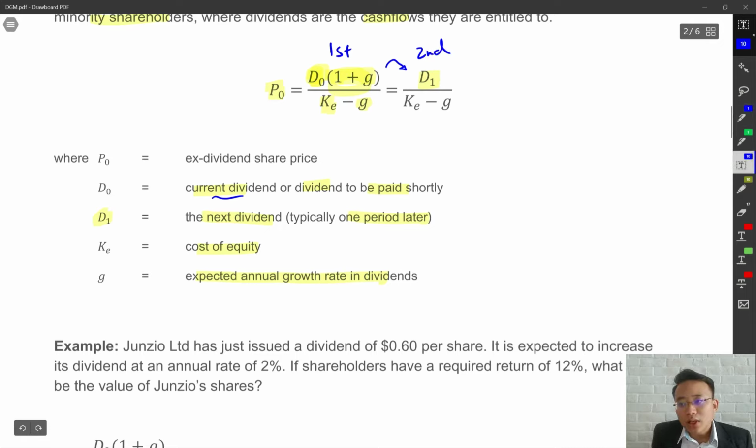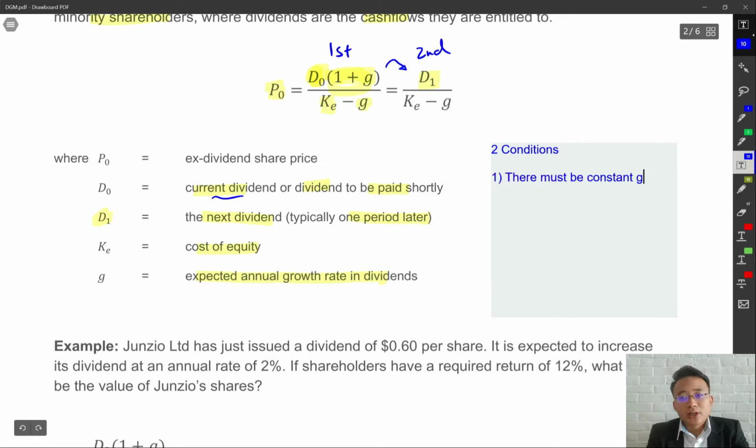Now, it is worthwhile to note that there are two conditions before you use this formula. The first condition is there must be constant growth. The g, you must have a constant g. If the growth is changing, at one moment it's 3%, at another period it will be 5%, this formula does not apply.